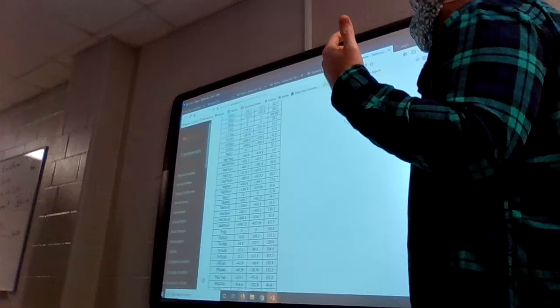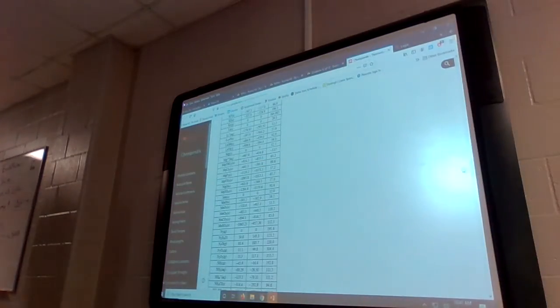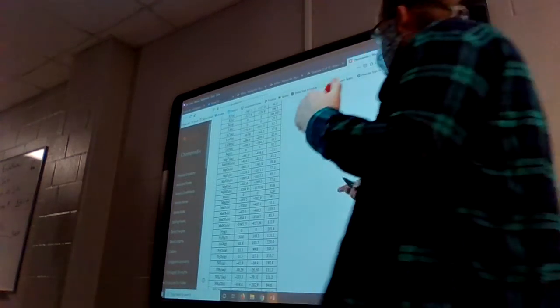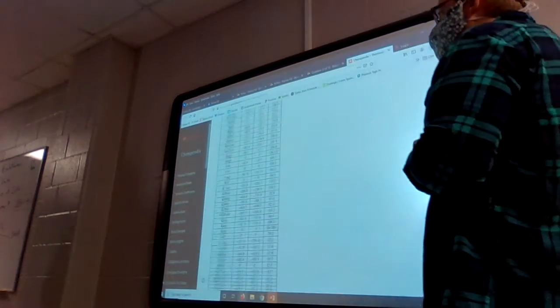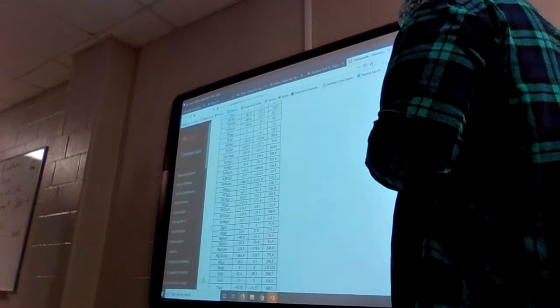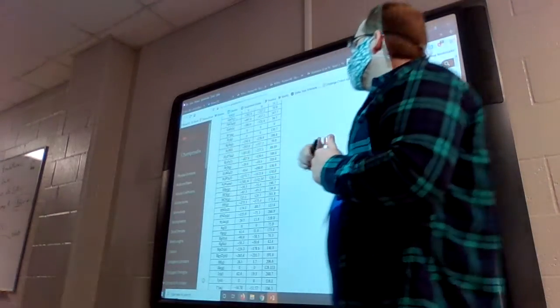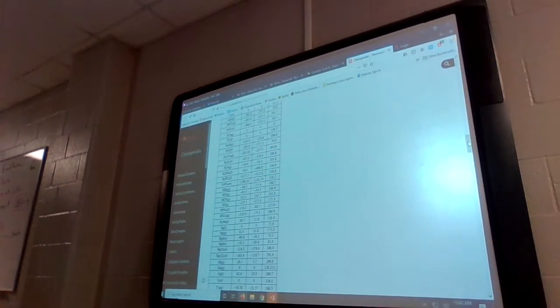MgCl2 is a negative 641.3, which I will write down. Negative 641.3 plus H2O. I think H2O is going to be a 0. No, it's not a 0. H2O liquid is negative 285.8.